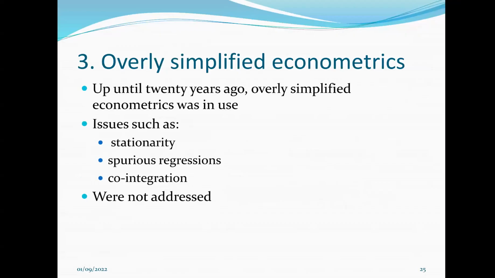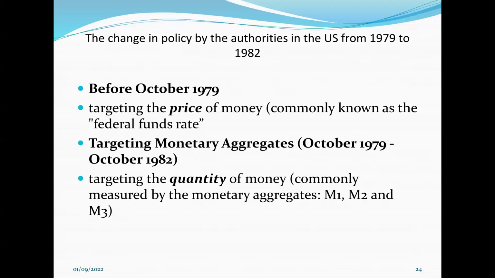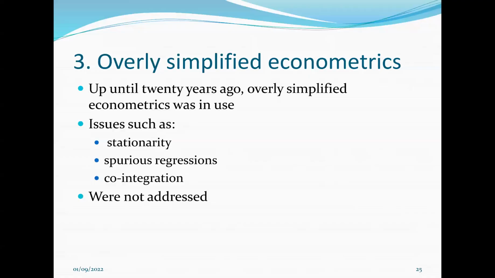There was also that, all right? The change in policy by the authorities in the USA from 1979 to 1982. There were all these changes, okay? Targeting the price of money, targeting the aggregate, targeting the quantity of money.